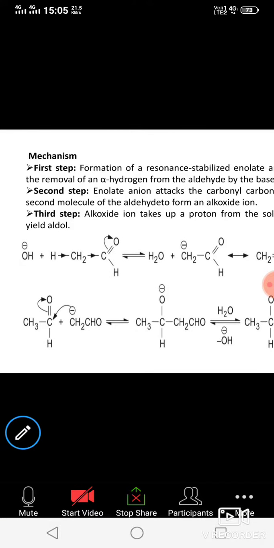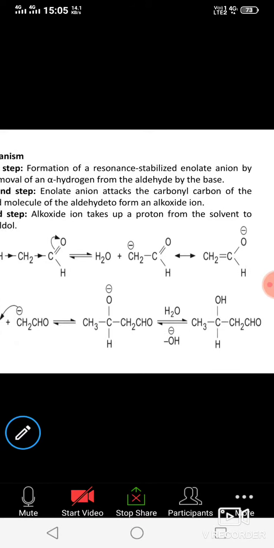Now you have generated this carbanion, and you have another molecule of acetaldehyde. As this has the carbonyl functional group, oxygen being more electronegative will pull the electrons toward itself, and carbon will be a positive charge center.